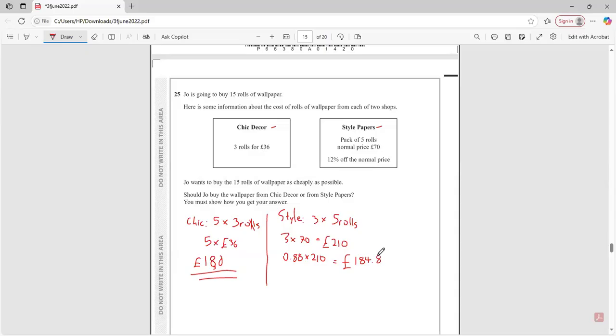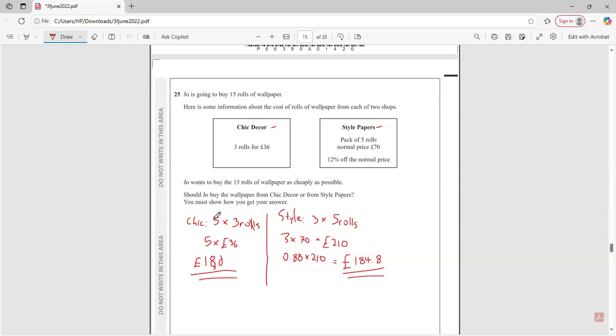So clearly we can see that Style is slightly higher than Chic. The funny thing is, I have a feeling that some people will, on surface value, conclude that because Style Papers give a discount, theirs is going to be obviously cheaper than Chic, who don't give a discount.